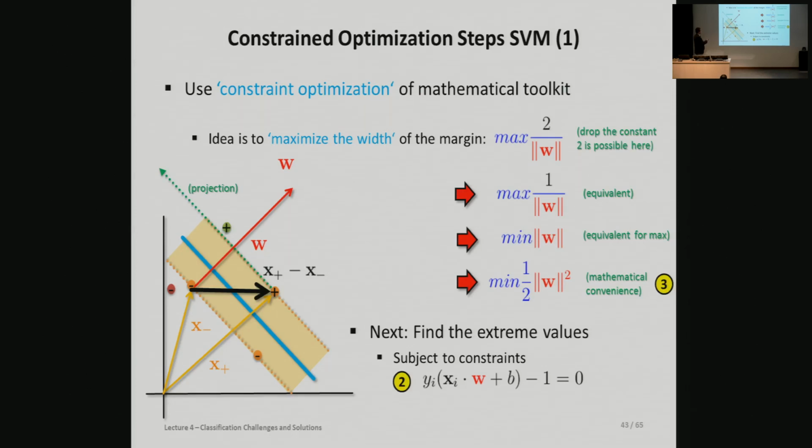It's equivalent to saying 1 over w, of minimizing just w. Again, for mathematical convenience, because we take the derivative, there would be this to the power of 2, and we put a factor of 1/2. We can always do that, because in the end, w is unknown and will be found in the optimization process. So this is our constraint. We force on it to find it.